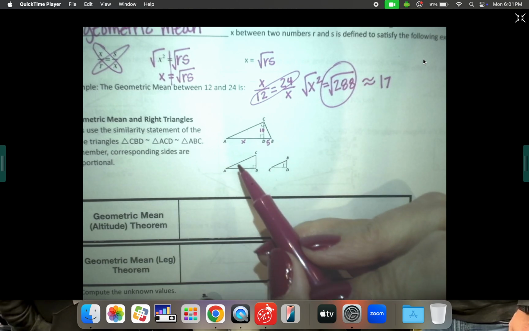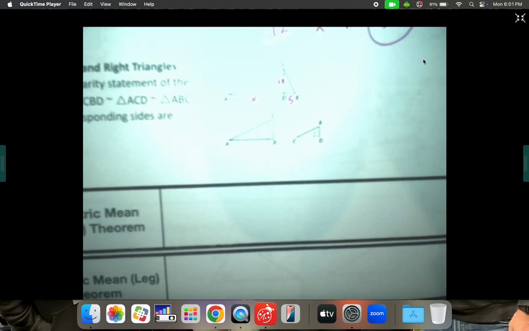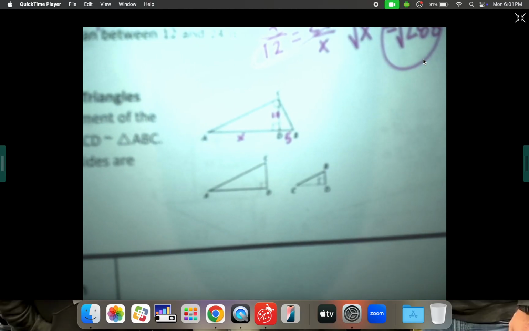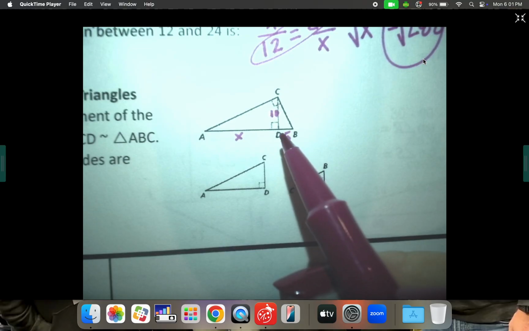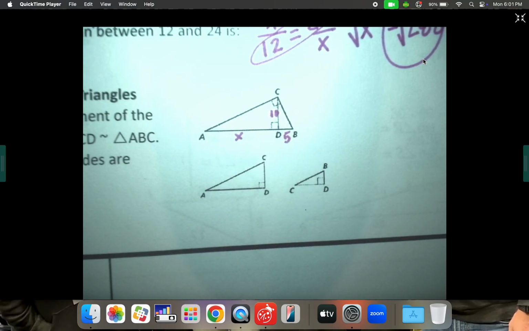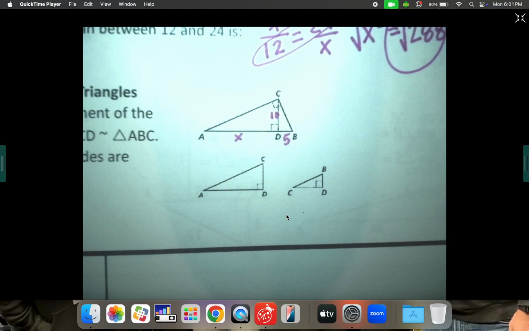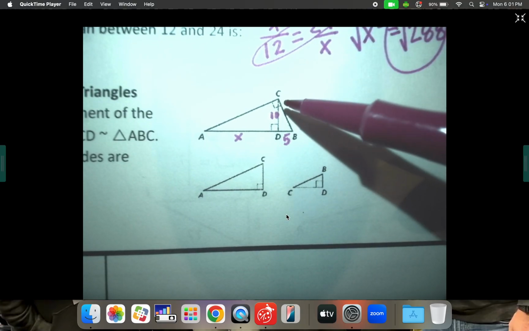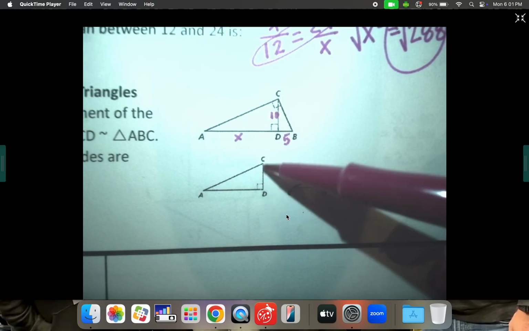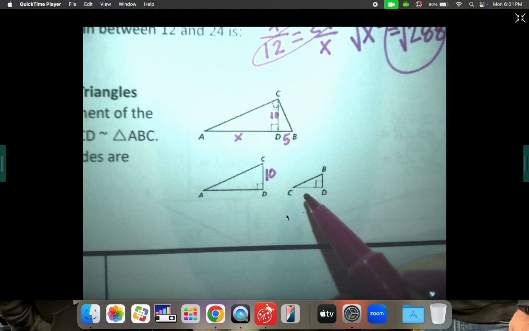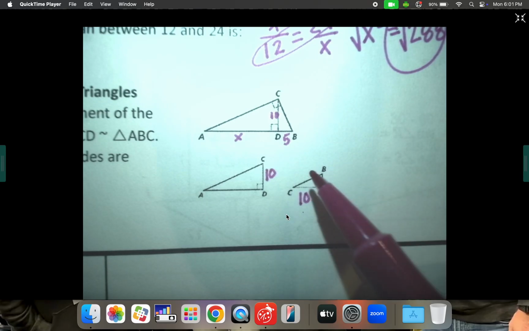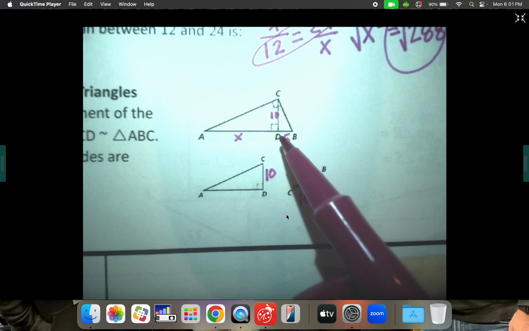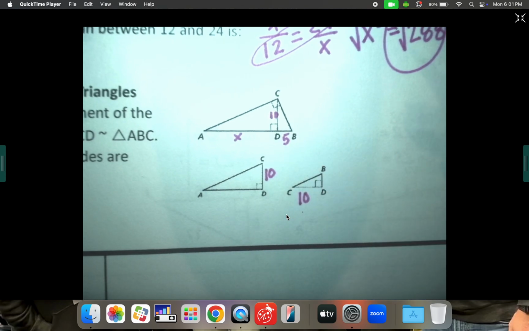So let's go down here and fill in. I'm going to zoom in a little bit. If we know the altitude is 10, D to B is 5, and A to D is X, let's fill in what those are in these other two smaller triangles. We know C to D is 10, so C to D right here is 10, and C to D in this one is also 10. D to B is 5, so we have D to B here, which is 5.